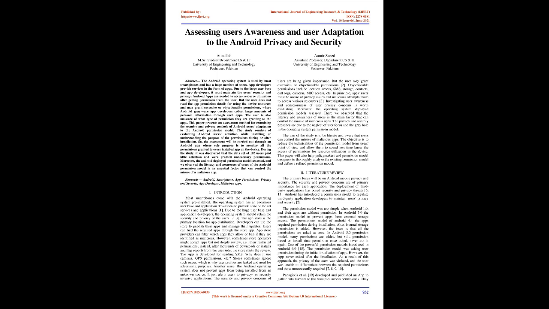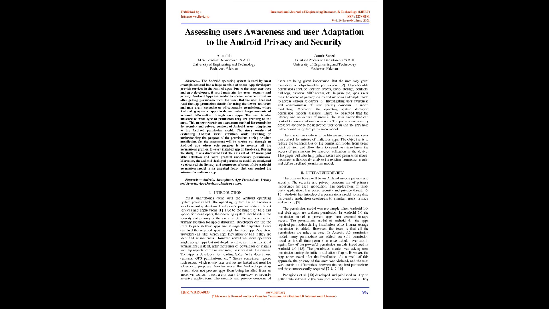During the study, it was discovered that the data set of 102 users paid little attention and were granted unnecessary permissions. Moreover, the Android deployed permission model was assessed, and we observed the literacy and awareness of users of the Android permission model is an essential factor that can control the misuse of a malicious app.